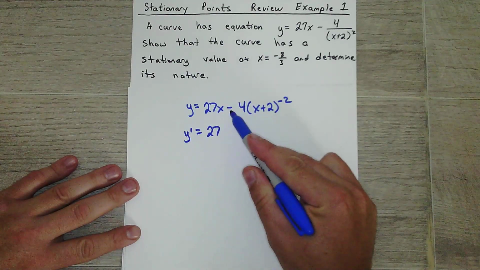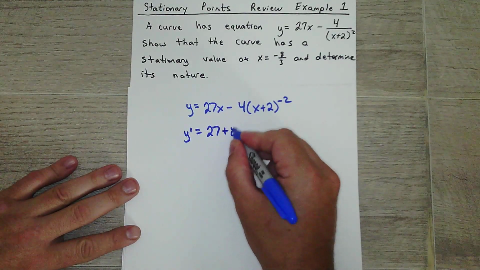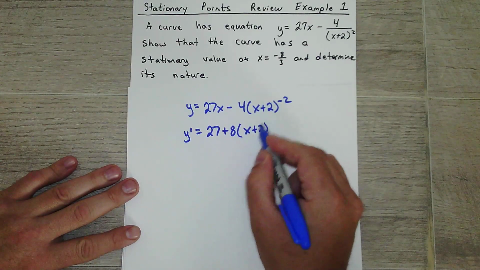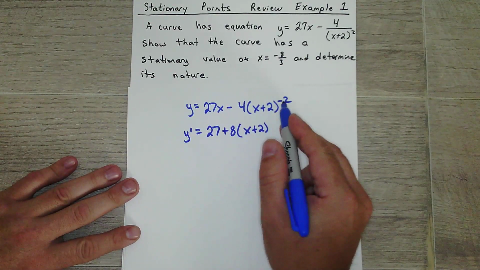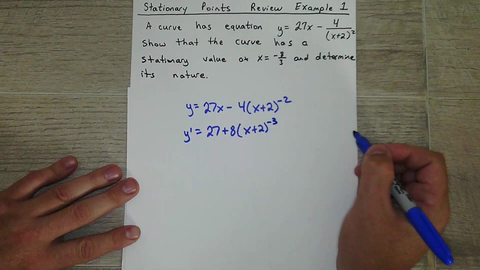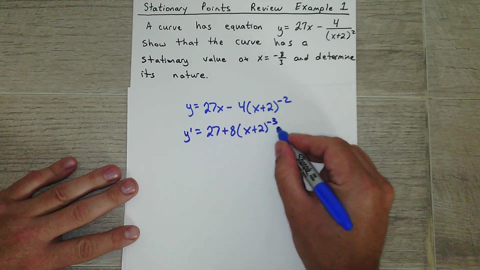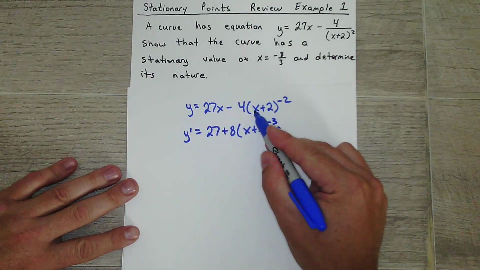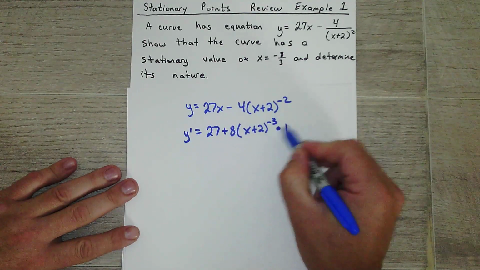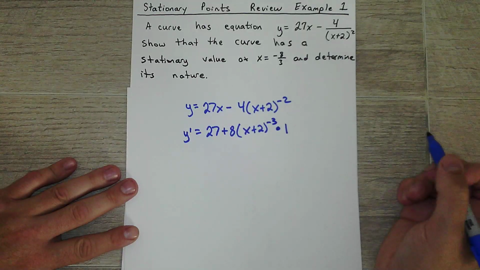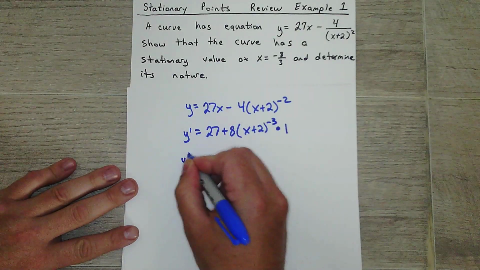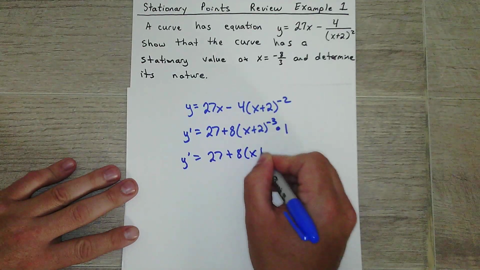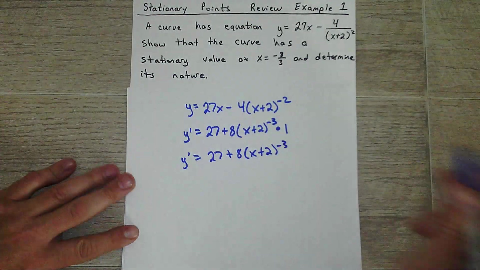Negative 2 comes down, so I have a positive 8. Leave what's in the parentheses alone, and drop the exponent down by 1. Then I multiply by the derivative of the inside. The derivative of x is 1 and the derivative of 2 is 0, so it's just times 1. Clean it up as best I can. Okay, so that's our derivative.